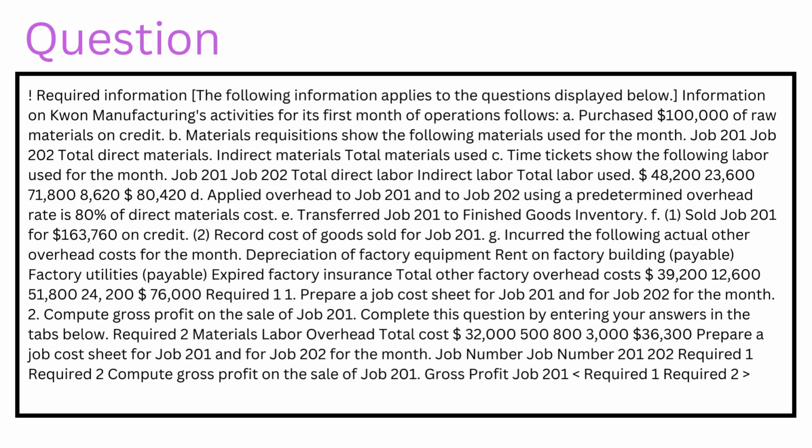Prepare a job cost sheet for job 201 and job 202 for the month. Job number 201, 202. Compute gross profit on the sales of job 201. Gross profit job 201.